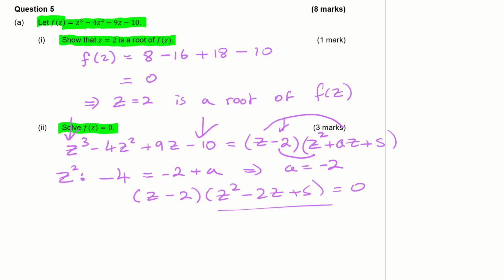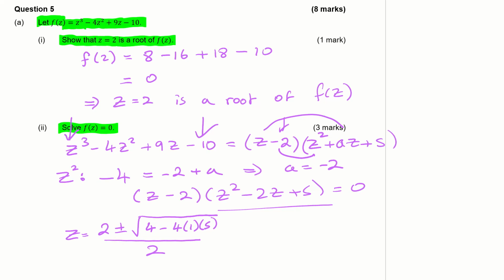Well, let's consider the quadratic bit. So z is going to be 2 plus or minus the square root of 4 take away 4 times 1 times 5, divided by 2.